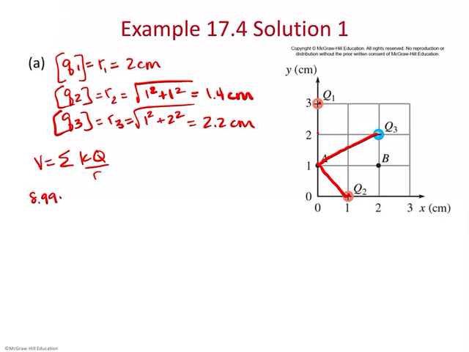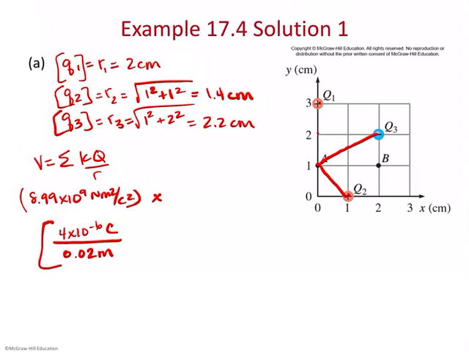So we're going to do our K times our charge divided by R. So I'm going to just do it like this, and then I'm going to put it in brackets like this. So we've got charge 1, which is 4 times 10 to the negative 6th coulombs divided by 0.02 meters.